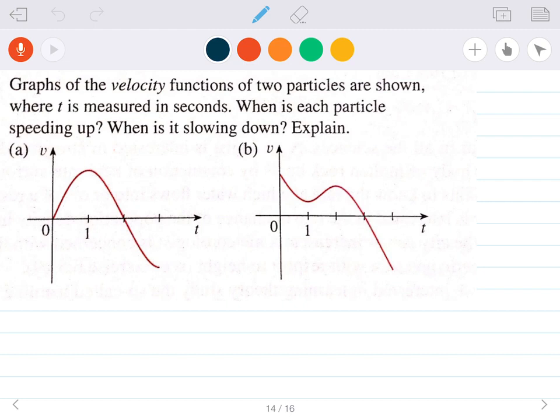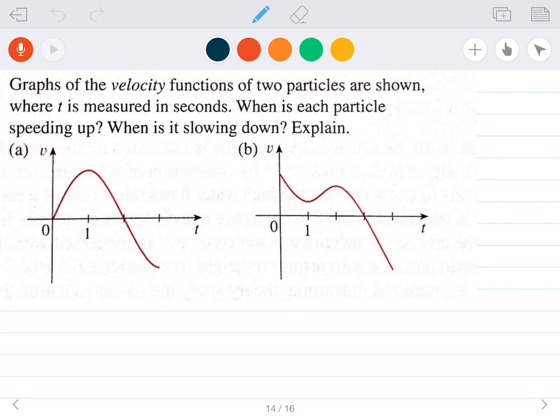Let's look at these examples. Graphs of the velocity functions of two particles are shown. Particles, just objects, whatever. Baseballs, grapes, I don't know, particles. Where t is measured in seconds. When is each particle speeding up? When is it slowing down? Explain.